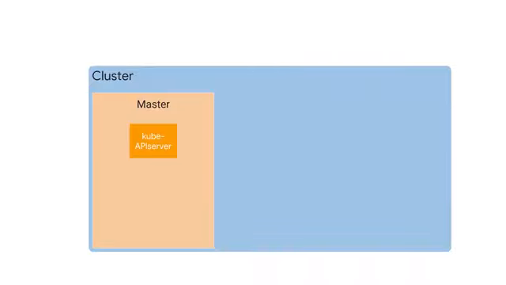Several critical Kubernetes components run on the master. The single component that you interact with directly is the Kube API server. This component's job is to accept commands that view or change the state of the cluster, including launching pods. In this specialization, you will use the kubectl command frequently.